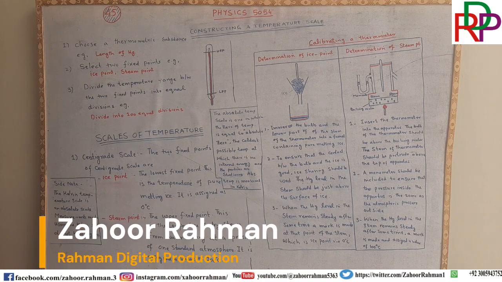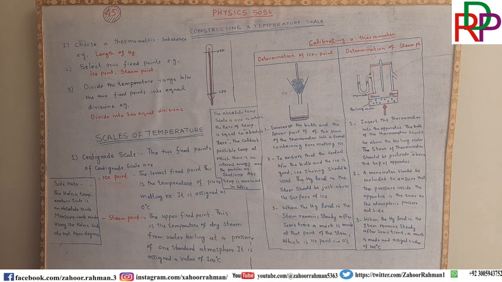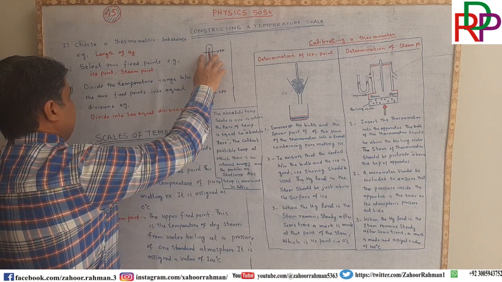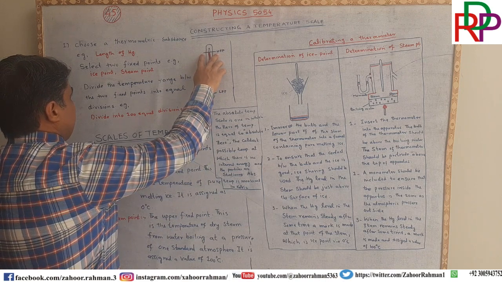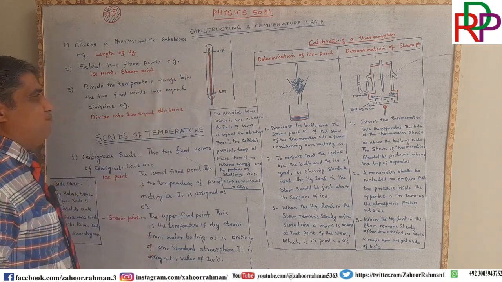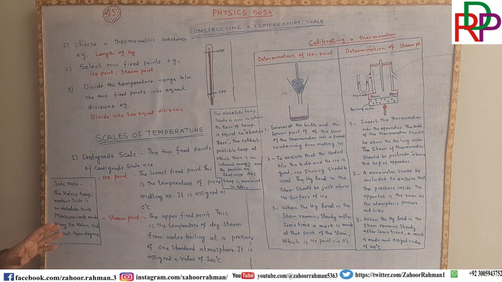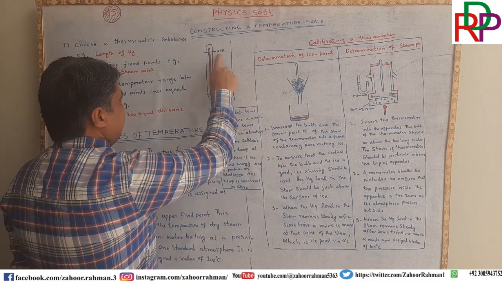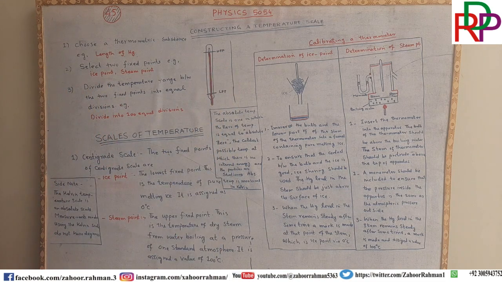You have to select it with the standard atmospheric pressure. And the second one is the steam point. The upper fixed point is the steam point or the boiling point of pure water at the standard atmospheric pressure. You have to keep in mind these two points: one is the lower fixed point and second is the upper fixed point.